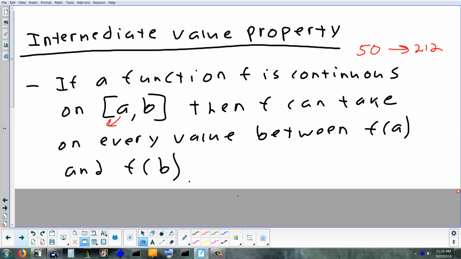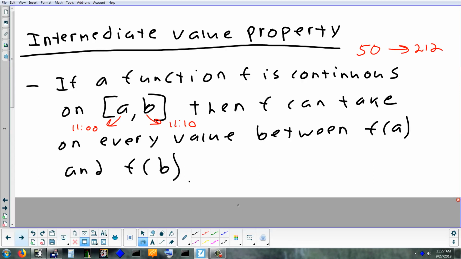So let's say a, you don't have to write down what I'm putting in red, was the starting time. Let's say you started boiling water at 11 o'clock, and you finished boiling the water at 11:10. So A is 11 o'clock, B is 11:10. In our particular function, the value at 11 o'clock was 50 degrees.